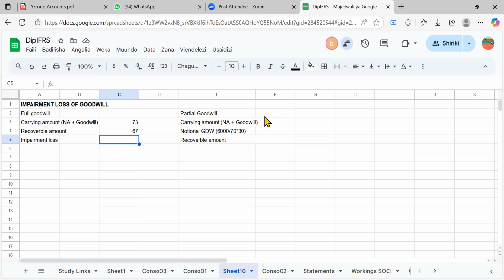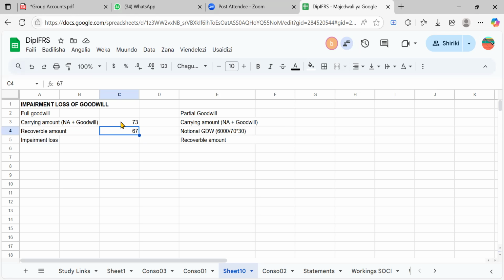By impairment, it's like you are trying to justify why you are recording this figure in the books at 73. In the books, it's 73, but I can only recover 67. In real life I can get 67, but on paper I've written 73.